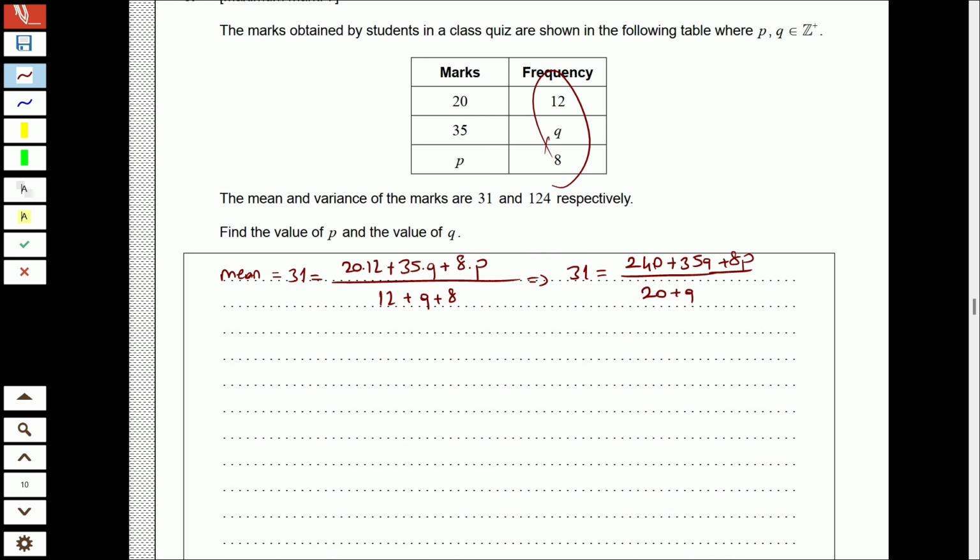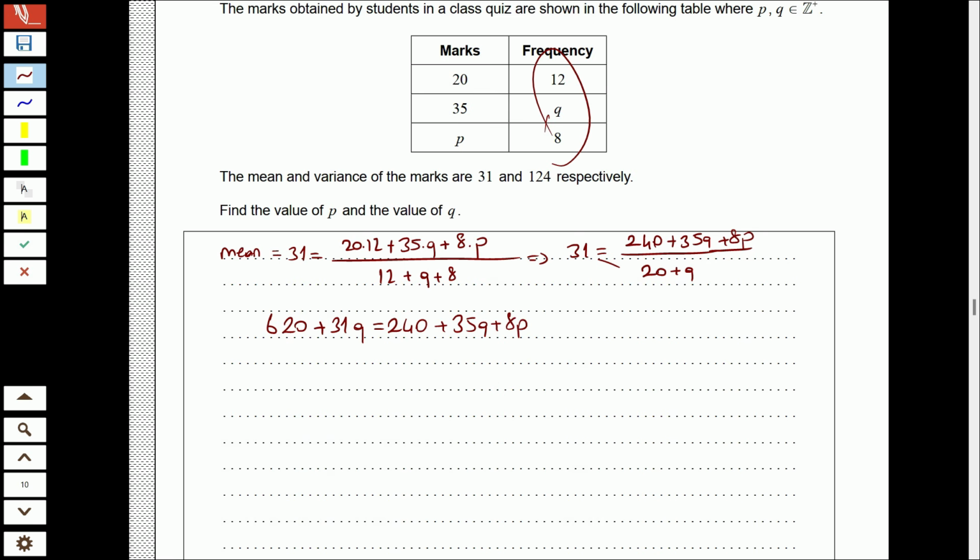And we can again make a cross product in here. It's going to be 620 plus 31q equals 240 plus 35q plus 8p.